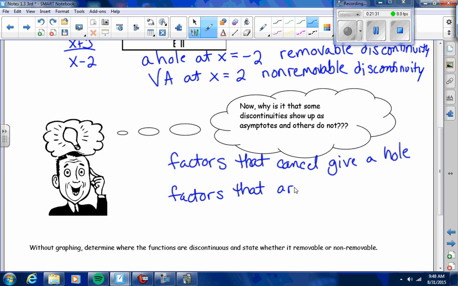Factors that are left in the denominator give a vertical asymptote. So now I want you to do the bottom section on your own. Without graphing, just looking at the equations, determine where the functions are discontinuous and state whether it's removable or non-removable.